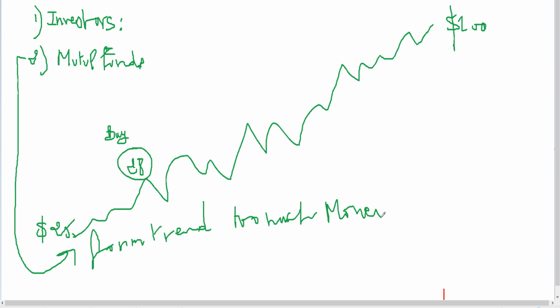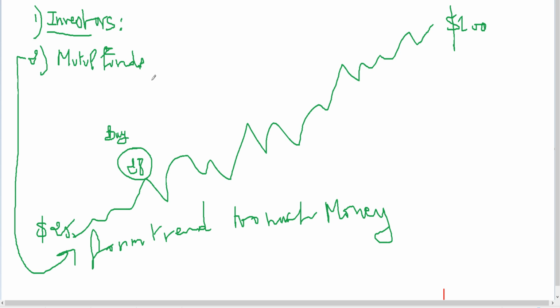That's why when they buy, they continue to buy, and you see the trend going up. Investors can buy at any time, but mutual funds buy from the beginning and push, because mutual fund managers like to see a trend. It is in their own interest.